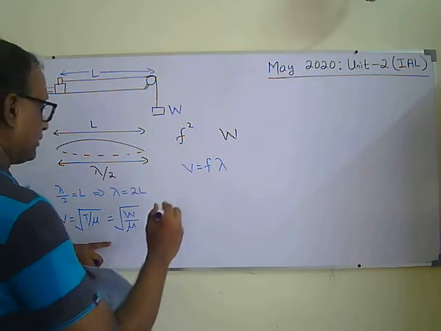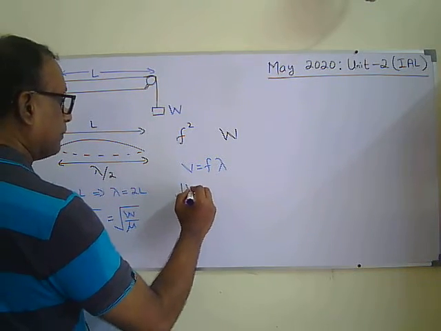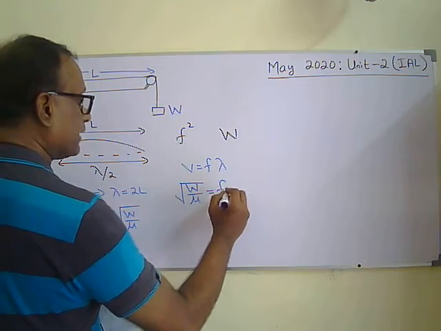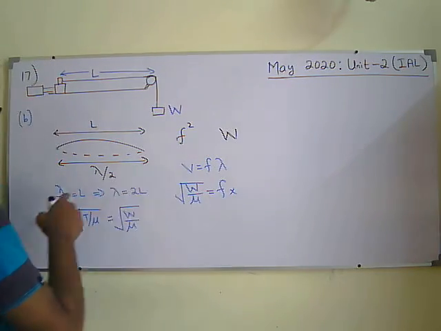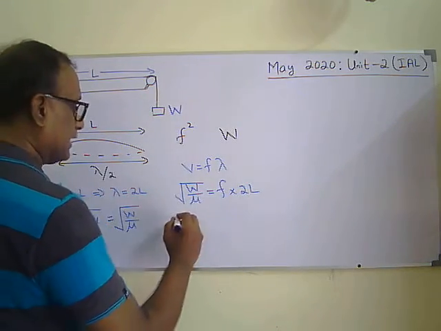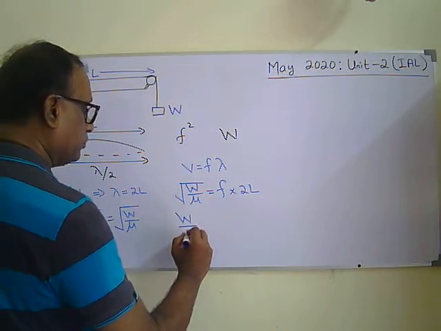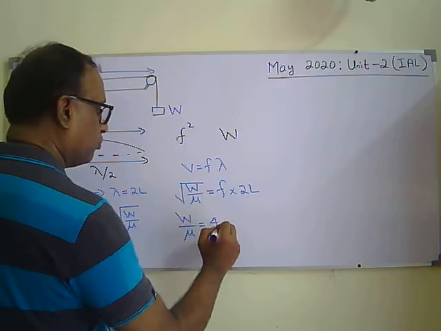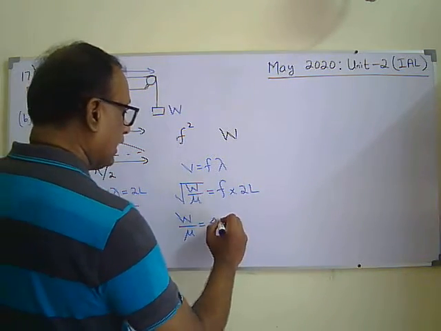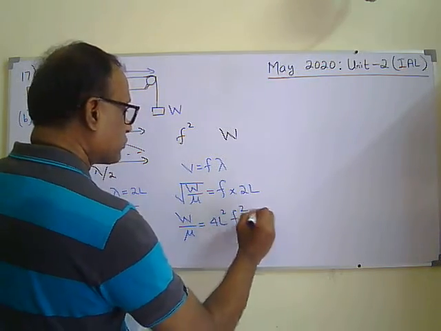So speed is given by square root of W over mu is equal to frequency times, instead of lambda I can substitute 2L. Okay, square both sides, W over mu is equal to 4, if you square the whole thing, 2 squared is 4, L squared, f squared.